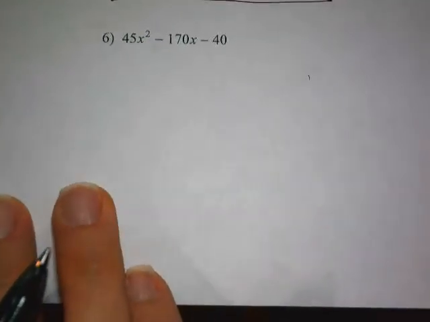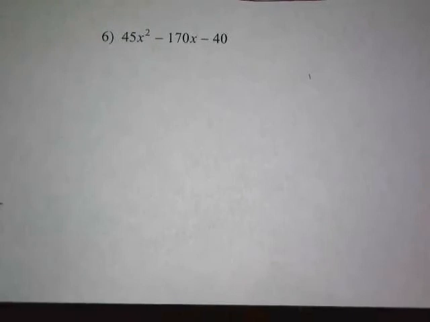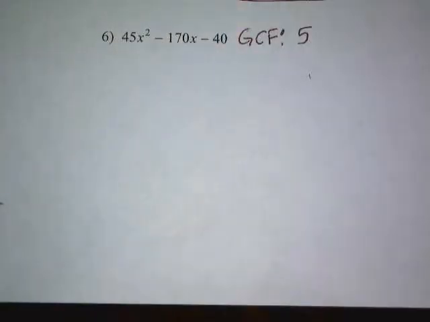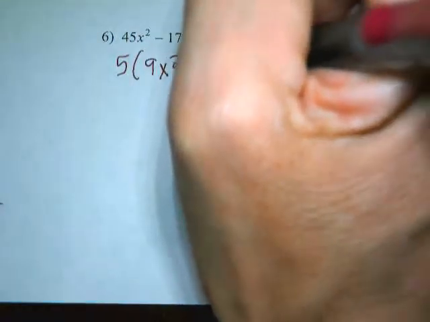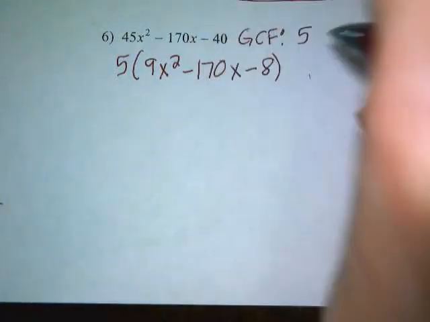Number 6, 45x squared minus 70x. GCF here is 5. So dividing every term by 5, I get 5 times 9x squared minus 170x minus 8.